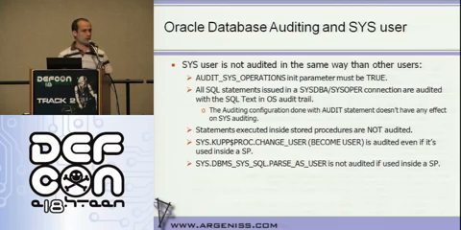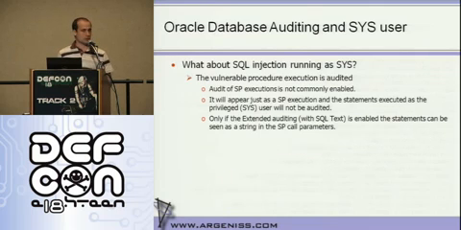So, for example, if we call a store procedure as SYS, we just see the exec store procedure, and we don't see all the things that the store procedure executes. So what about SQL injection running as SYS? If we can exploit a SQL injection that is in the SYS schema, we could execute statements without being audited.